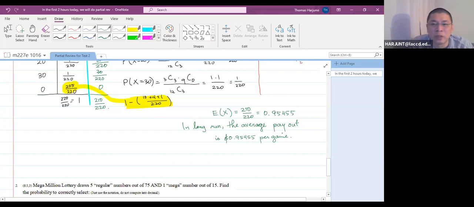As a player, I can play it maybe 100 times. When I play 100 times, on average I will win around 95 cents per game. Multiply that by 100, then on average I will win $95.45, or 46 cents, right?